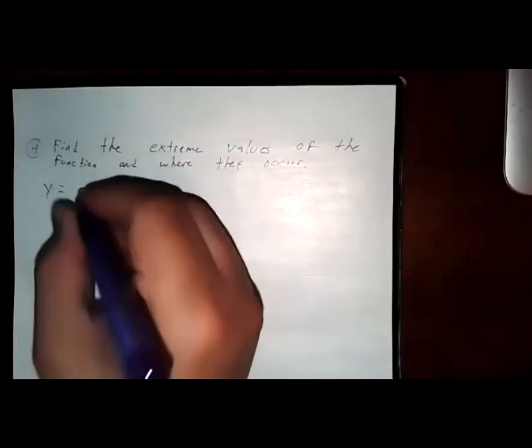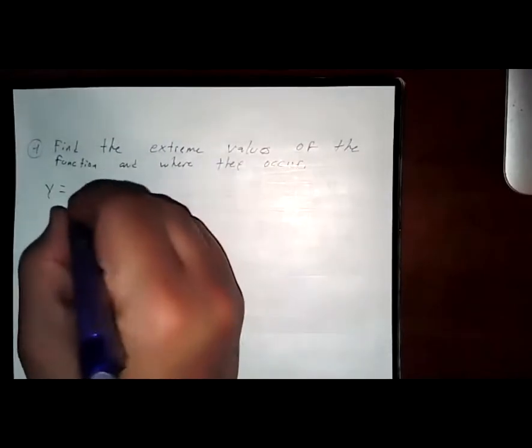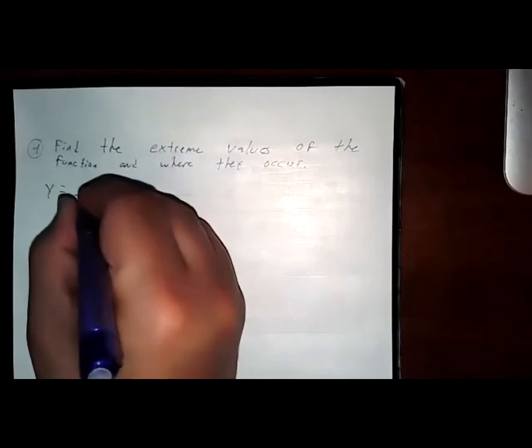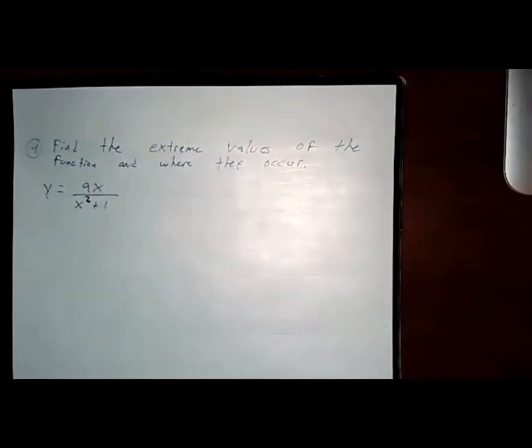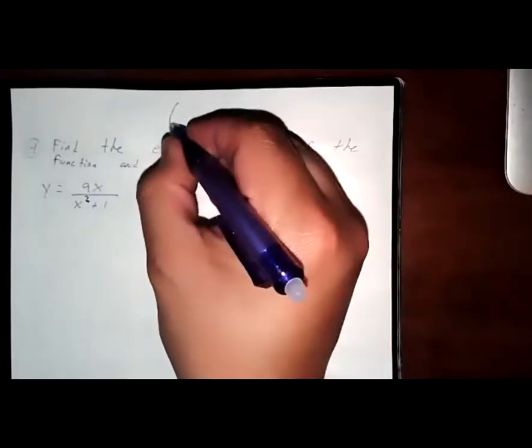So y is equal to 9x over x squared plus 1. Sadly, this is another, excuse me, quotient rule. Okay, so I keep writing it.